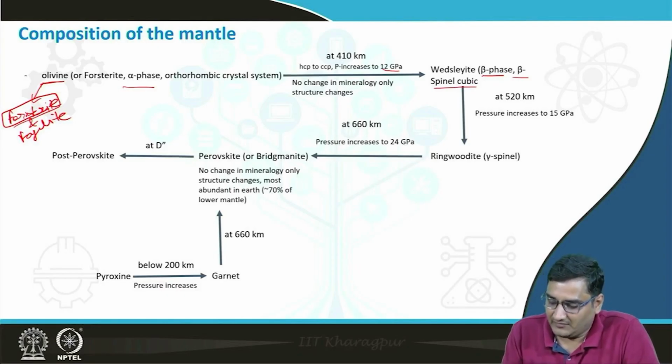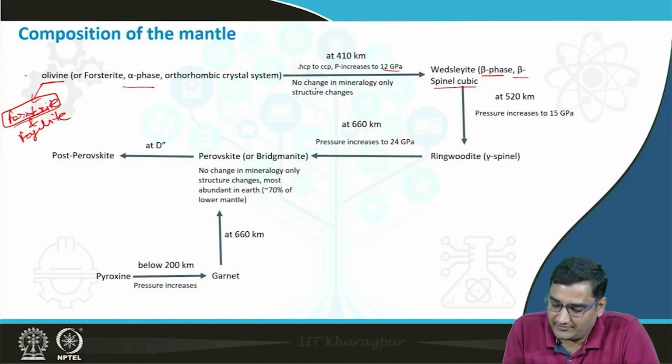So what is basically happening? The HCP structure changes to the CCP structure from alpha phase to the beta phase, and this beta phase is basically spinel cubic in nature, and the temperature also keeps on increasing. Pressure is increasing to 12 gigapascal.